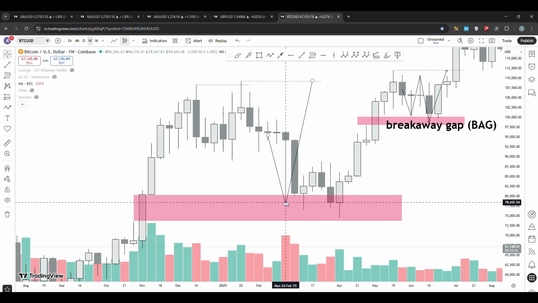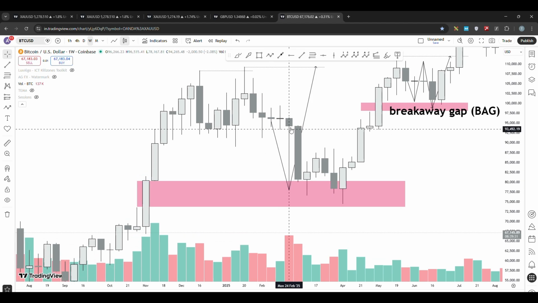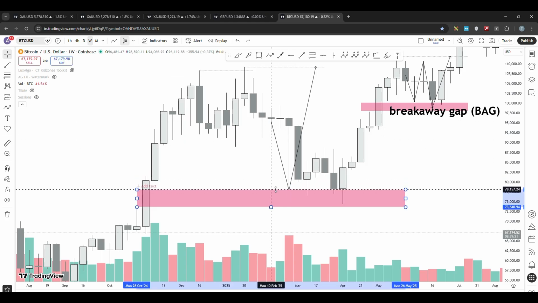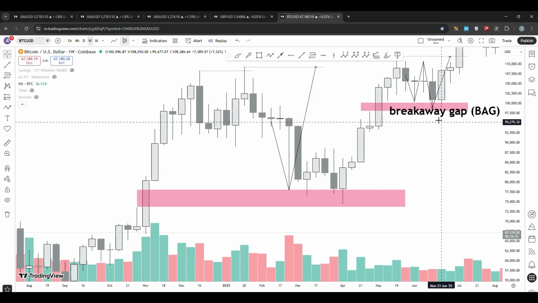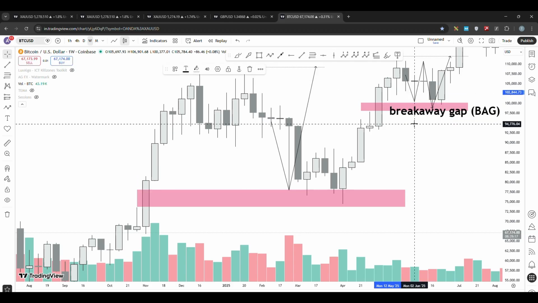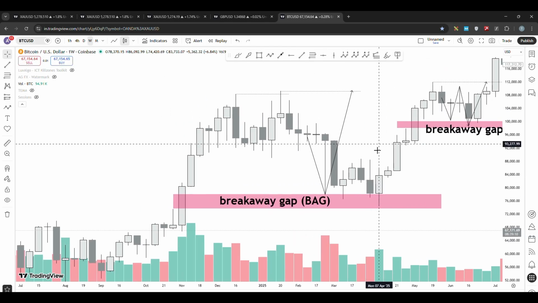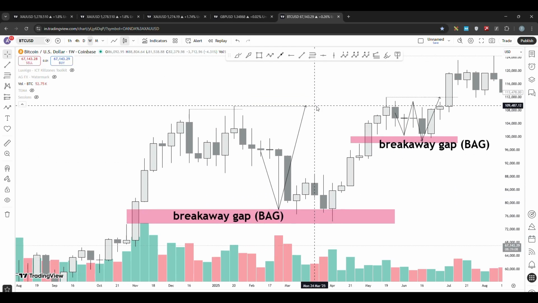What market does is, initially market taps into this fair value gap and market gives a strong displacement. But then market comes down once again to test this remaining fair value gap, which now becomes our breakaway gap. So market comes down to tap it, and then market goes up to target this liquidity.